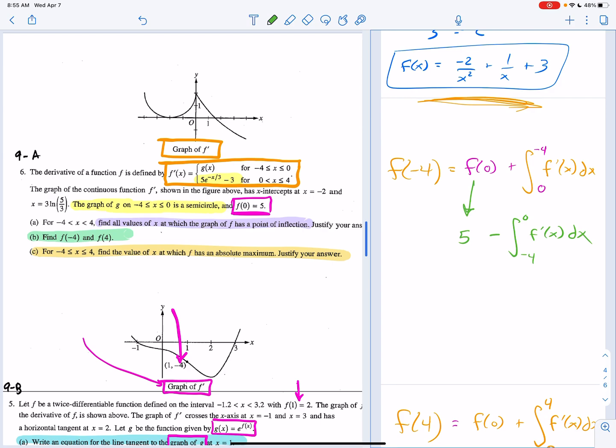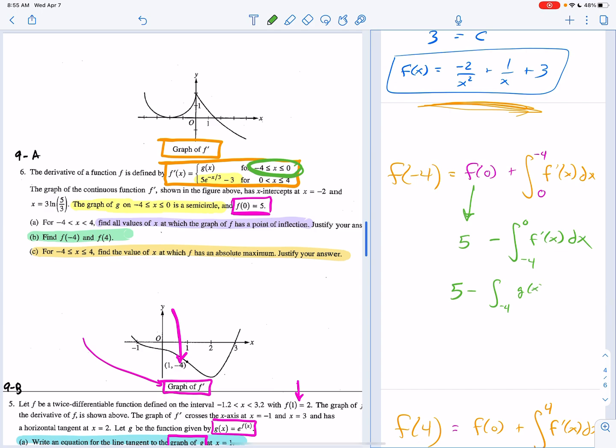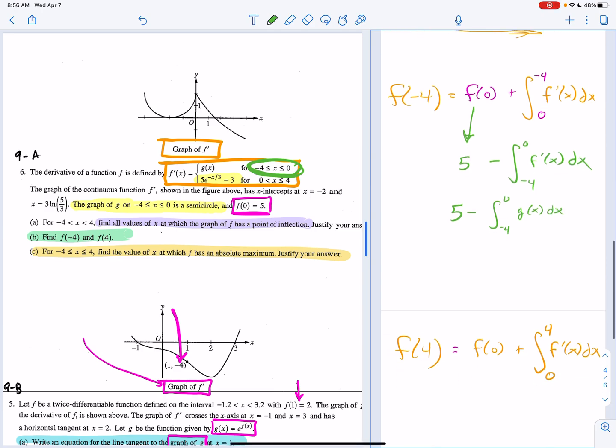I know that when I'm integrating f prime of x from negative 4 to 0, that's really just integrating g, because from negative 4 to 0, I'm really just focusing on g here. Now that step really wasn't necessary, but I wrote it there so you guys can see what I'm talking about. Okay, so this is going to be 5 minus the area under the curve from negative 4 to 0.